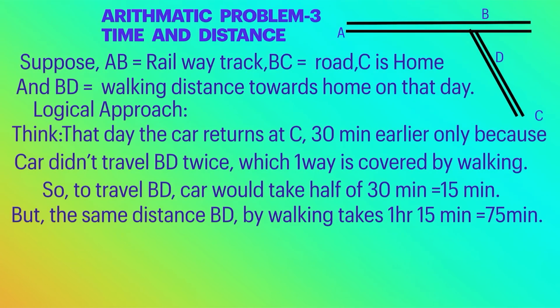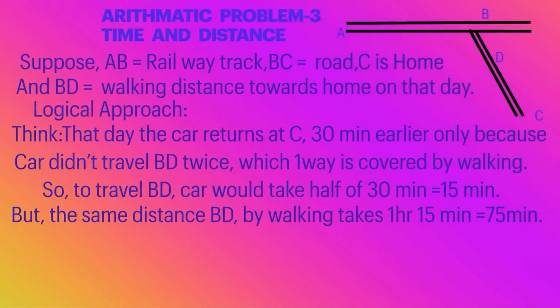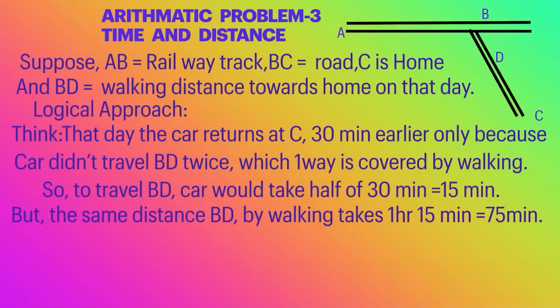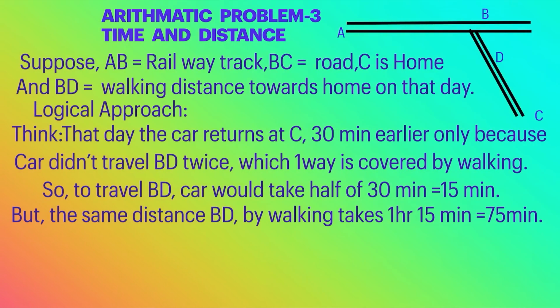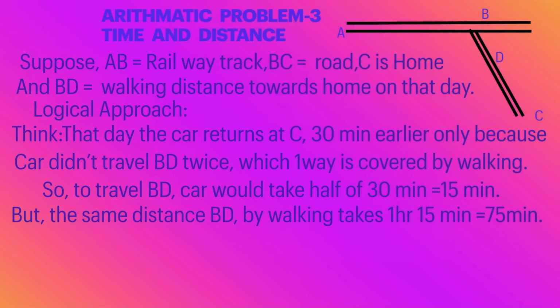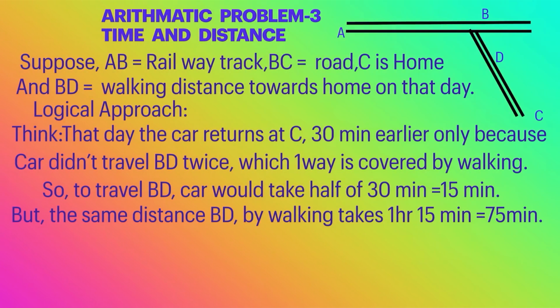So 3 to 4:15, that is 1 hour 15 minutes, that is 75 minutes. The man has taken this time from B to D. So here you will see the same distance BD: the man has taken 75 minutes, whereas if the car had to travel D to B, it would take 15 minutes.